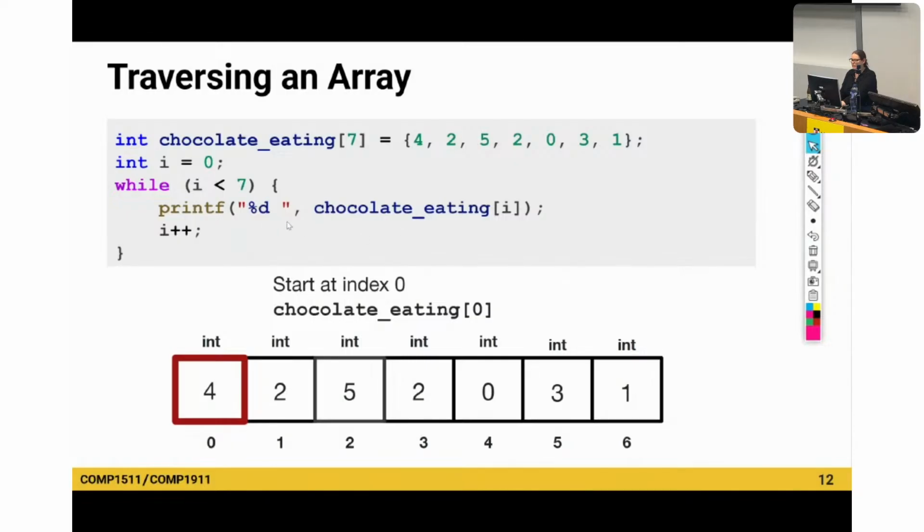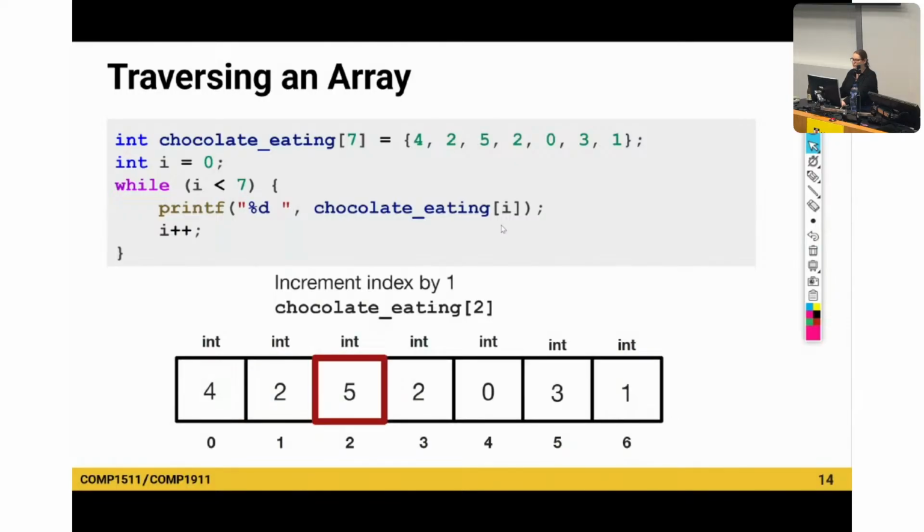And at each point, I'm printing out the integer because all of the elements in this particular array are integers. So we can print them all with %d. And we use our index because i at first is set to 0. So it would be printing out the one at index 0. Then as we increment i, we'd be printing out chocolate eating at index 1 because i is now 1.